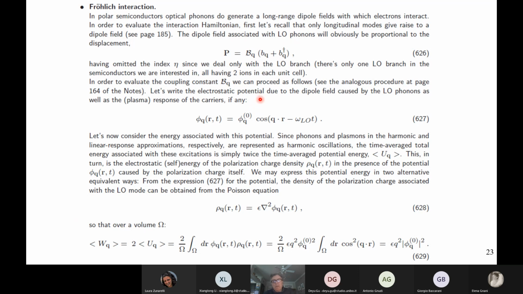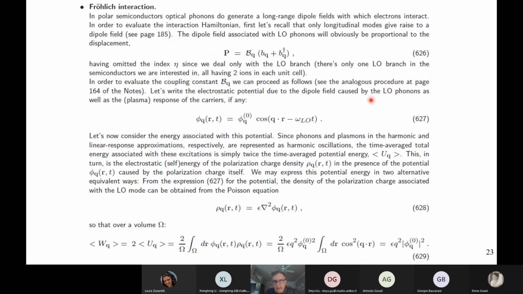Or you can follow that argument by Stern and Ferrell, which I call the semi-classical quantization procedure. So what we do is, let's consider what is a longitudinal optical phonon. By the way, remember, electrons scatter only with longitudinal modes. I gave you the argument in the past. Ask me again if you don't remember it.